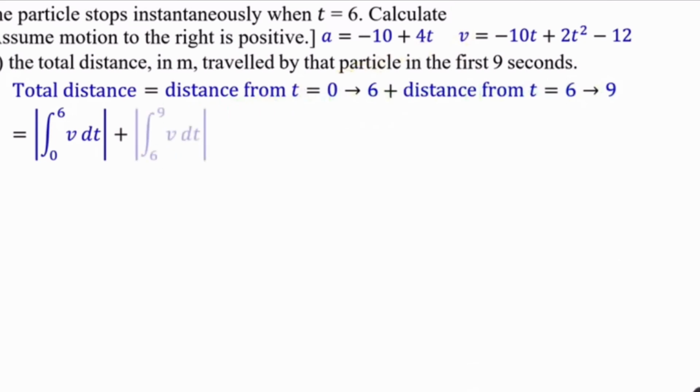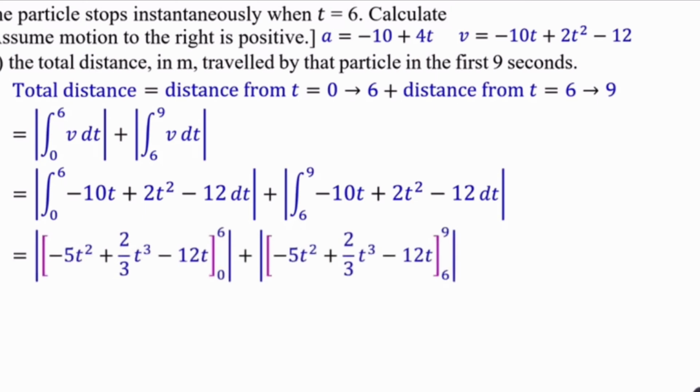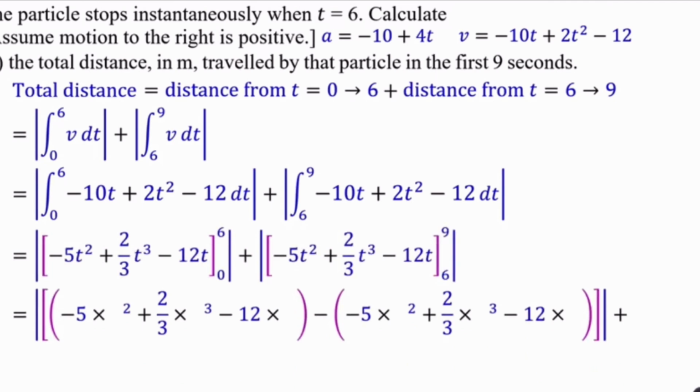In order to find the displacement from 0 to 6 and from 6 to 9, we need to integrate the velocity in order to get the displacement. So if we integrate the velocity, we will get the displacement function, which is negative 5t squared plus 2t cubed over 3 minus 12t squared over 2. Then we will substitute the limits from 0 to 6 and 6 to 9.